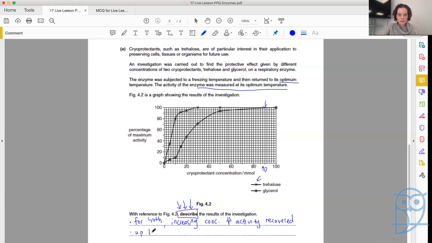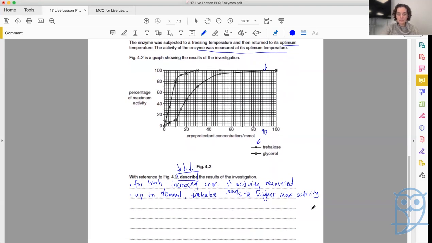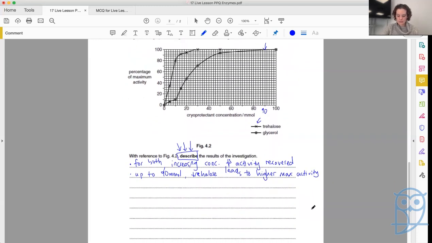So up to 90 millimoles, trehalose leads to higher max activity. So higher percentage maximum activity, we would write in full in our exam. At the moment, we're just taking notes. Let's give ourselves a bit more space.